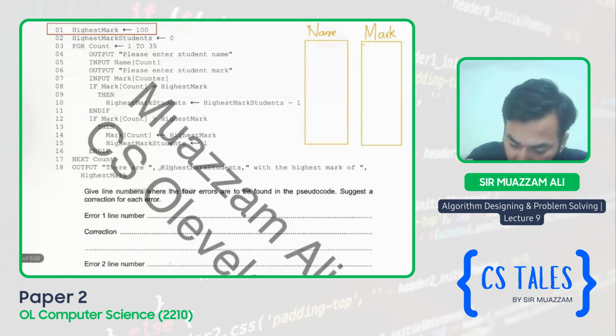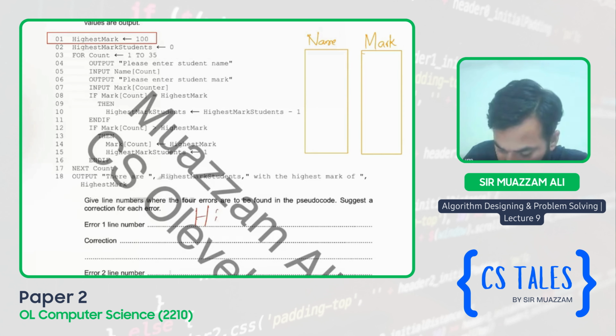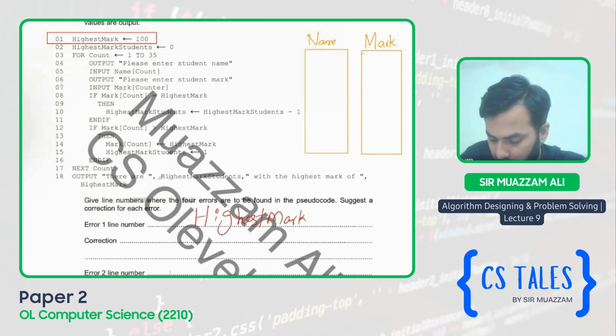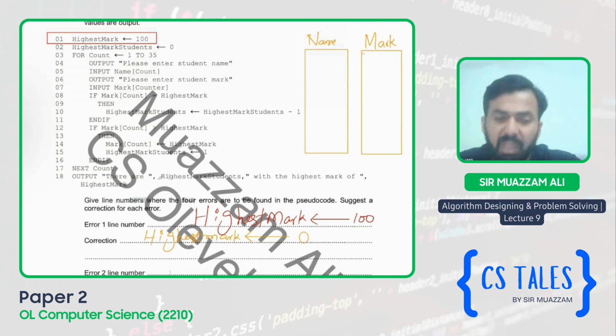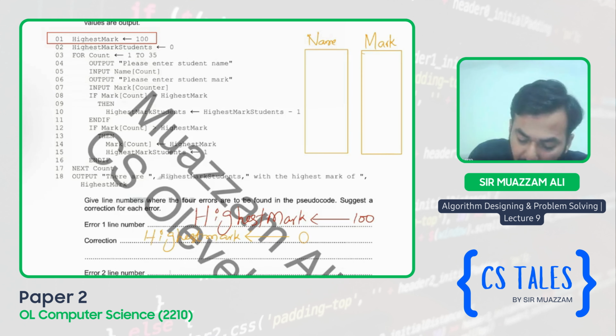The highest mark should be initialized to the minimum, zero, and the lowest mark should be initialized to the highest. Okay, the next one says the highest marks for students count, which should be zero as well.